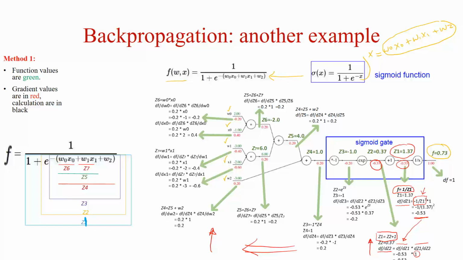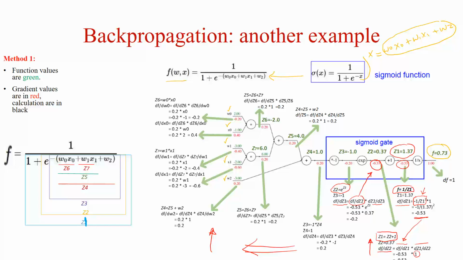Now I need to compute delta f over delta z3. Well, delta f over delta z3 consists of computing delta f over delta z2, which I already computed, multiplied by delta z2 over delta z3. Here's the function that tells me the value of z2 in terms of z3. I differentiate it, and I get e to the power z3.